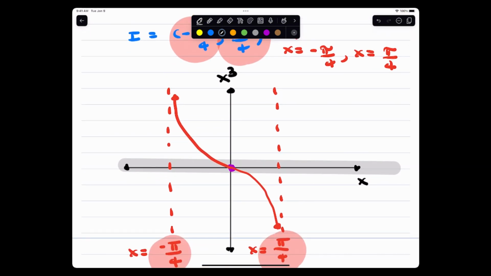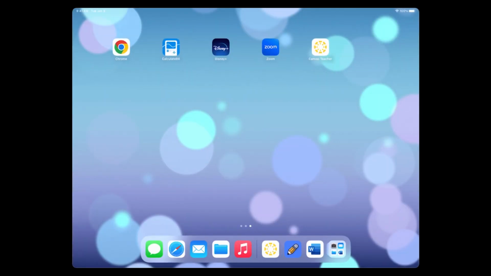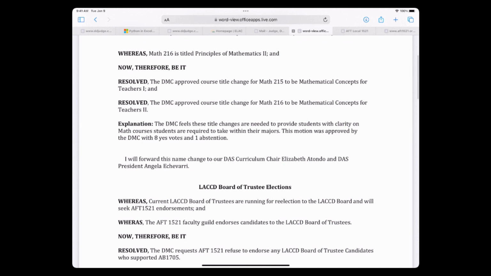Okay? So I'm going to share with you guys this curve in Desmos, if we still have it. Where's Desmos?